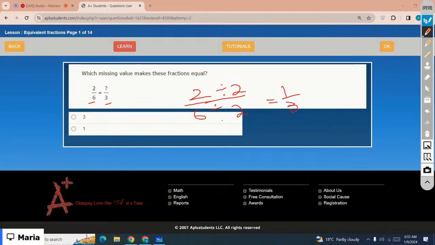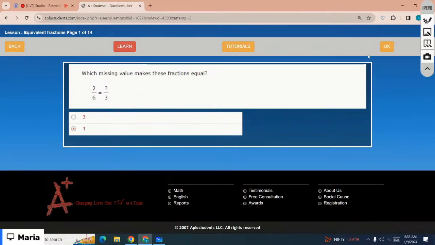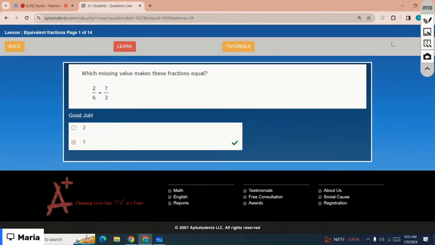Got it? So the correct option is 1 out of 3.